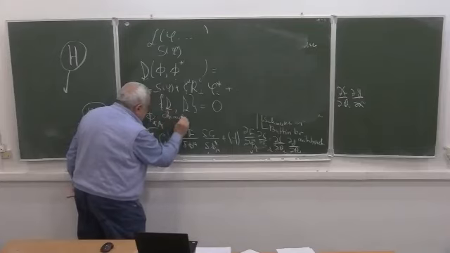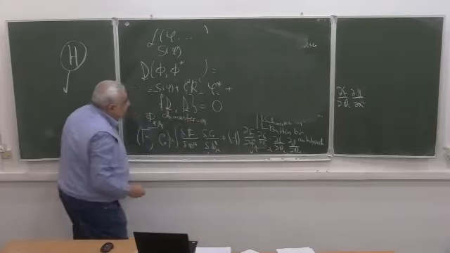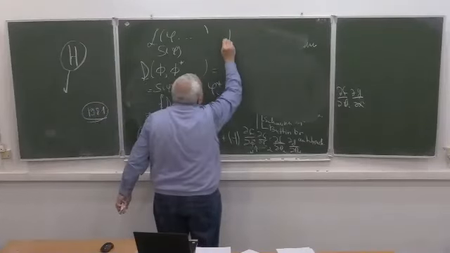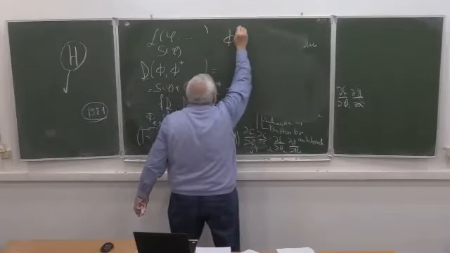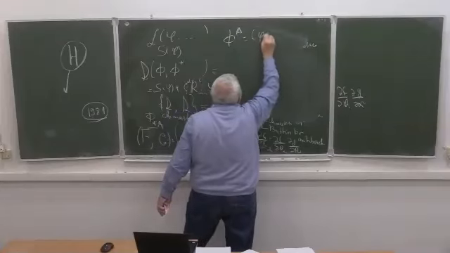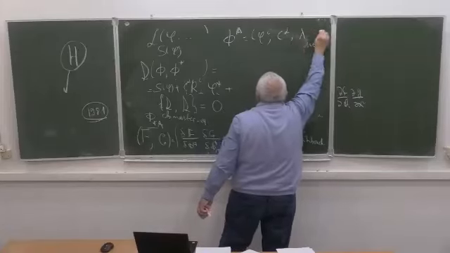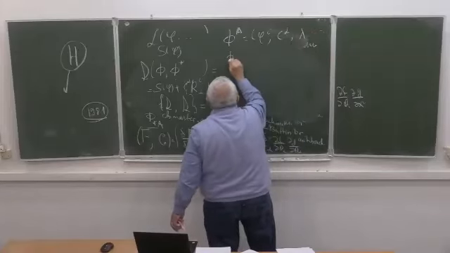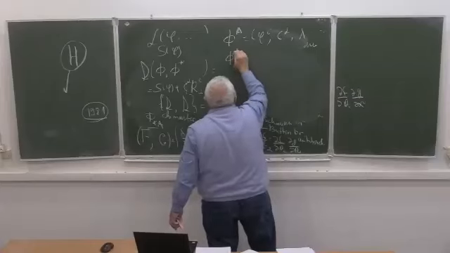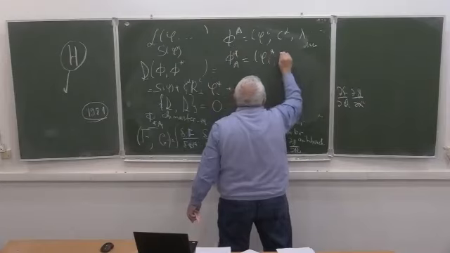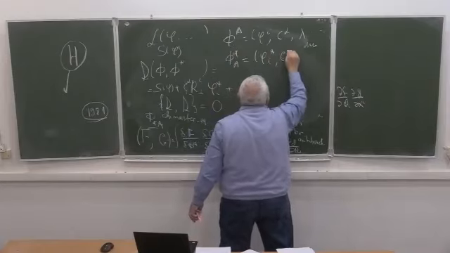Capital phi is a collection of small phi's, yes? You have phi A. It is fields, it is ghosts, and so on. It is like Lagrange multipliers. And then you have phi star A, which are anti-fields, or ghosts star, anti-ghosts, and so on.